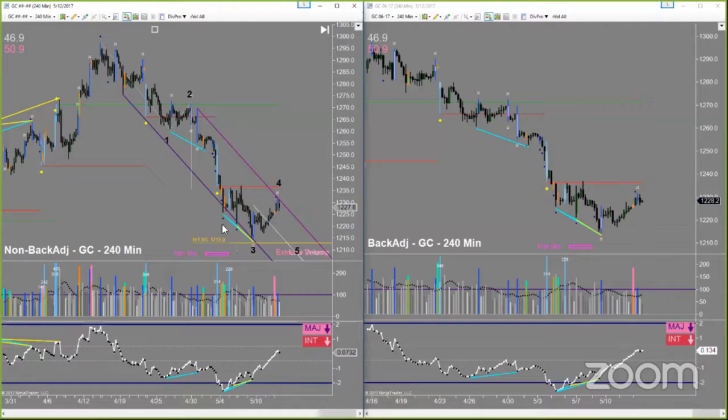It's kind of difficult looking a little bit, but it's looking like an impulse move at the downside, and this looks like a 4th wave high to me.